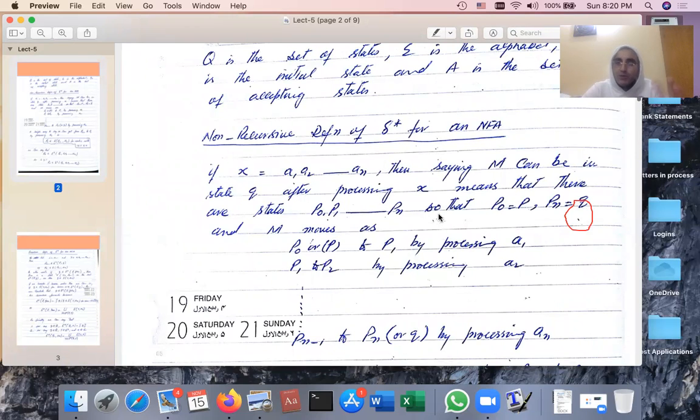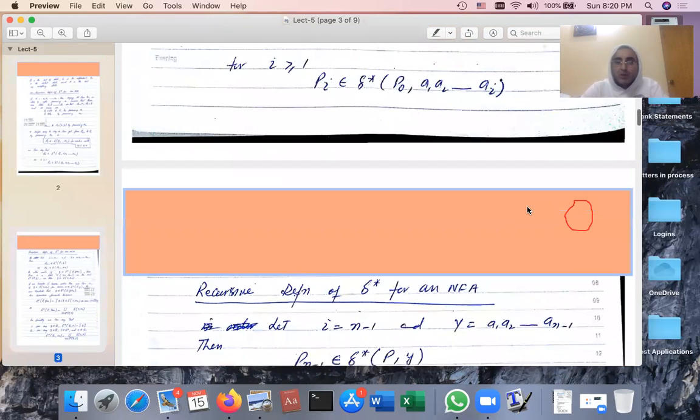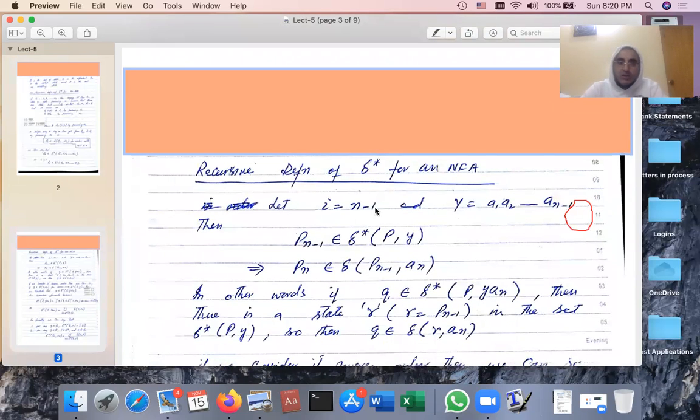So don't worry if you have similar things. You have to remember that my P0 is also a P, because now we are going to generalize the equation. So delta star of P, which is P0, and I have this string y, A1, A2, and so on up to A(n minus 1).